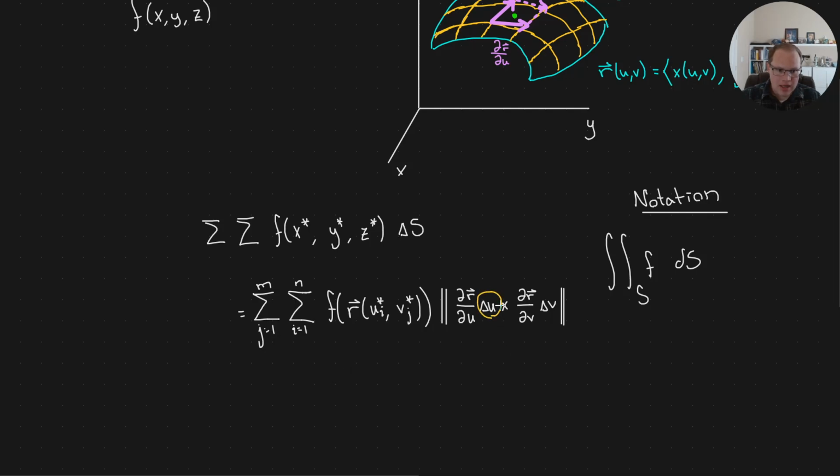Now, since these are just scalar values, I can pull them out of the cross product, and because they'll be positive, they represent distances, I can pull them out of the norm.